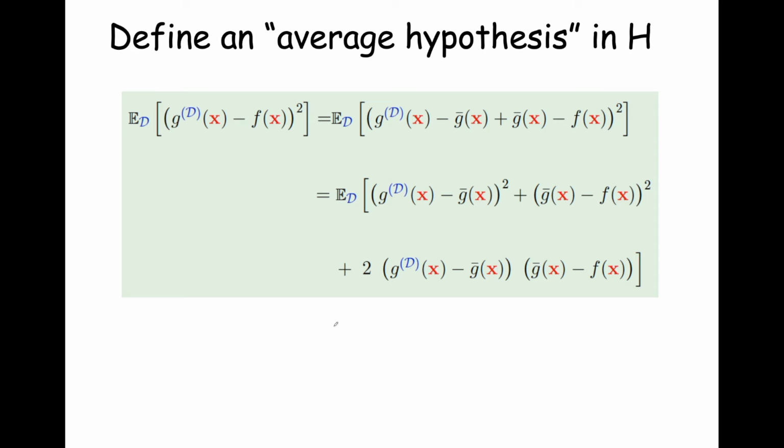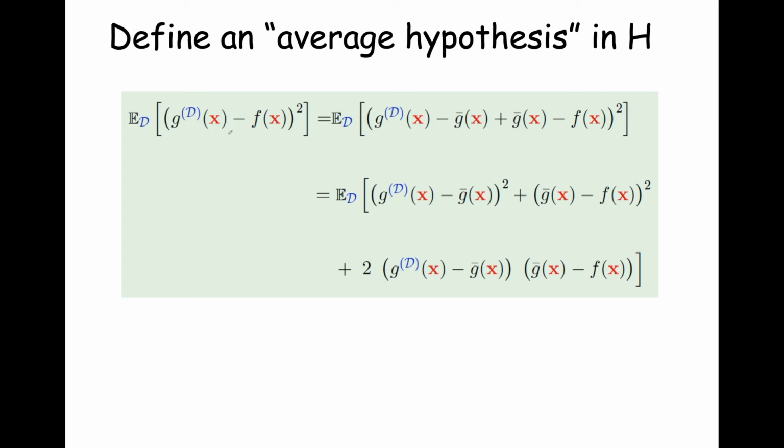So let's take this expression, and we're going to expand this and come up with an expression that will characterize the performance trade-off of the complexity of our hypothesis relative to E out. All right.